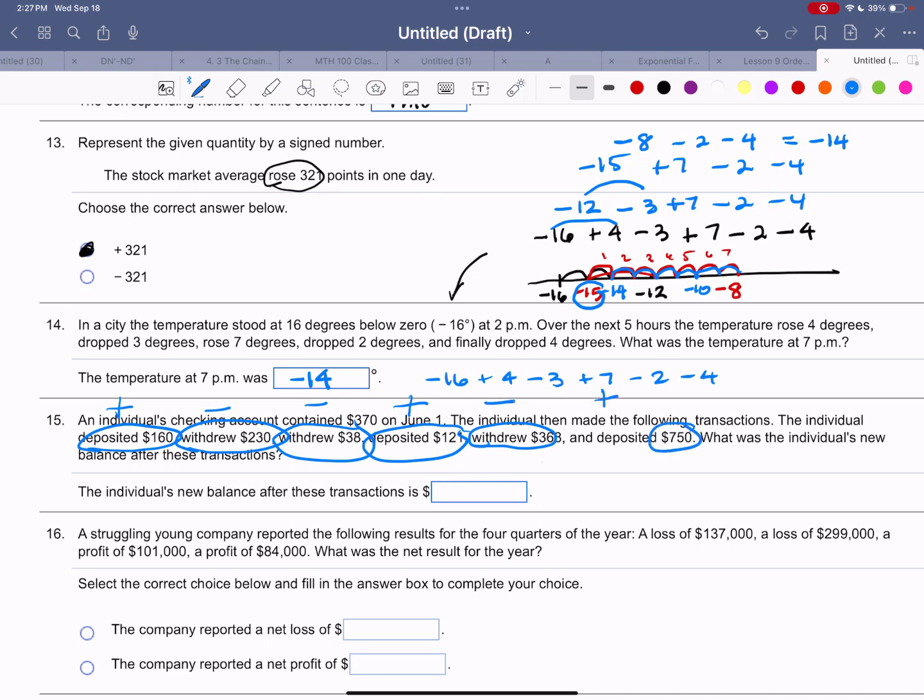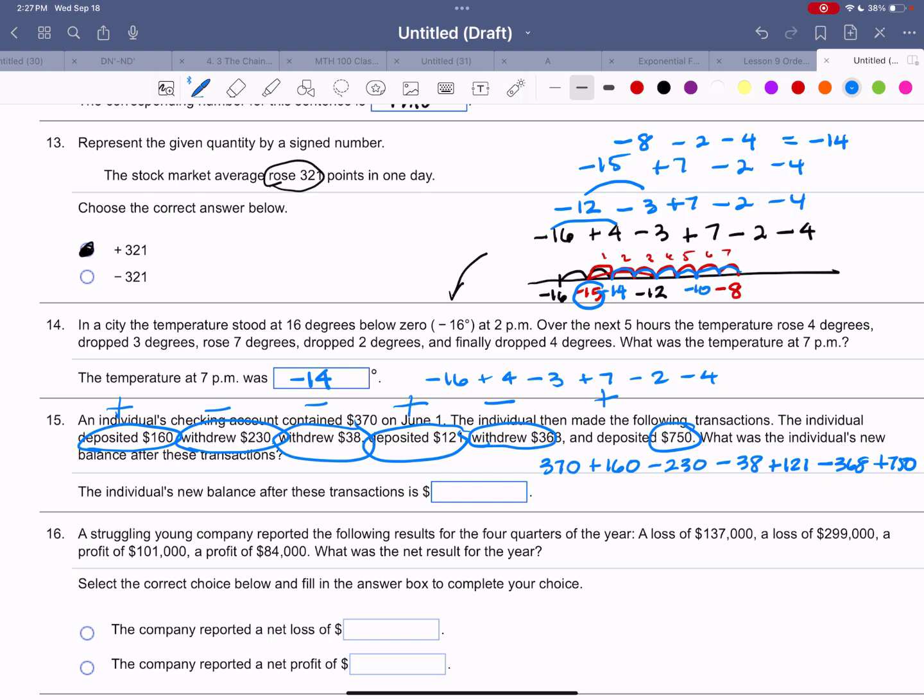So we started at $370, added $160, subtracted $230, subtracted $38, deposited $121, subtracted $368, and then added $750. And I'm certainly going to use my calculator to do this. And I'm just going to go ahead and do the whole thing on my calculator.